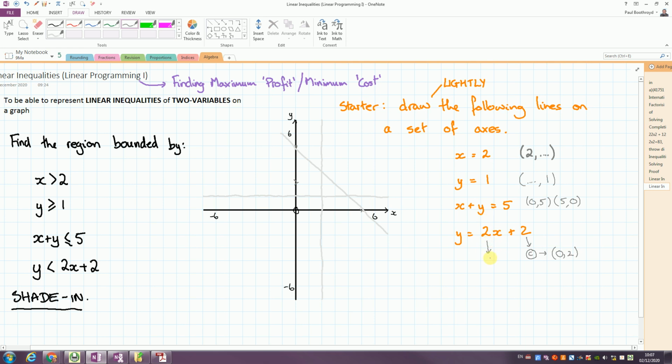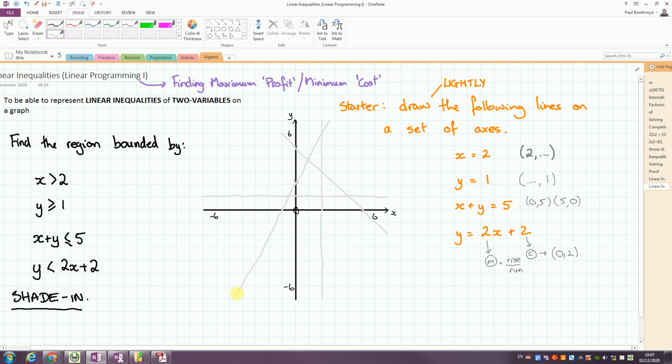And that's the rise over the run. If there's no denominator, think, oh yes, there's a 1 on the bottom. So it rises 2 and goes across 1. So rise 2, across 1, rise 2, across 1. And if you follow the line, it goes through here, down, through the minus 1, 0, and keeps coming in this way.